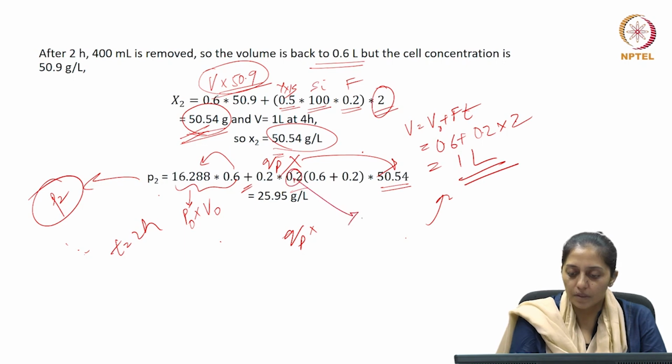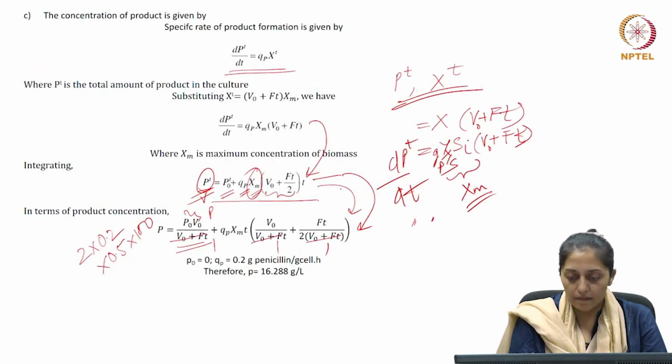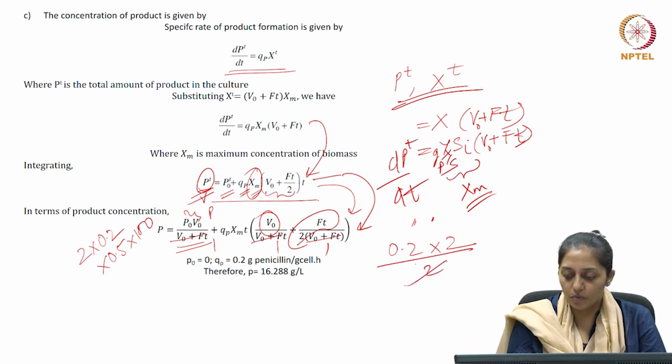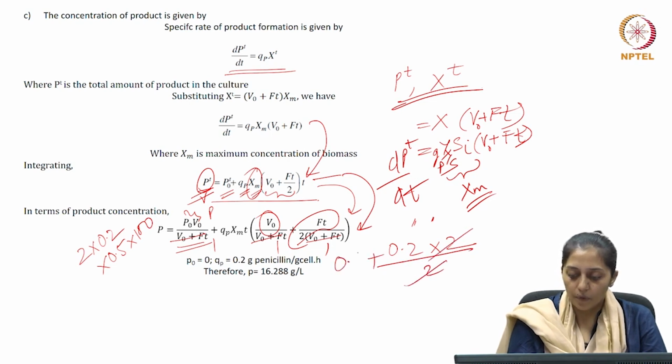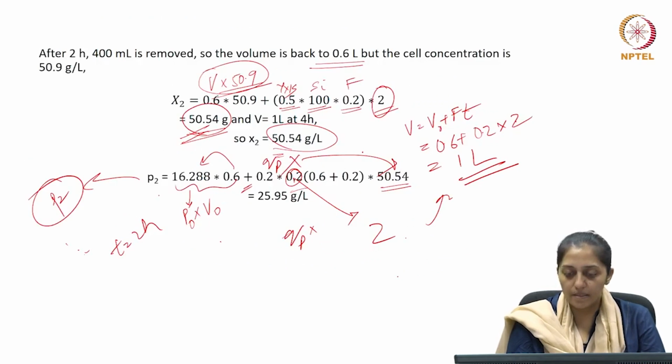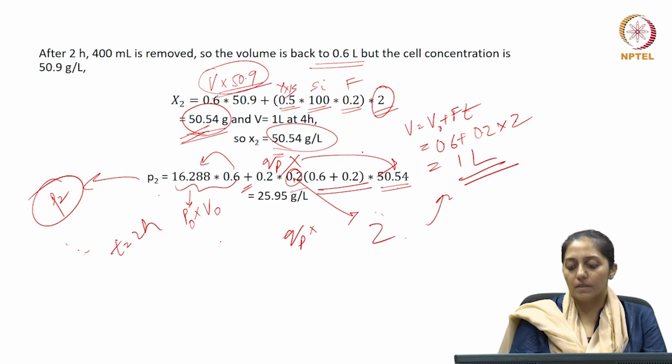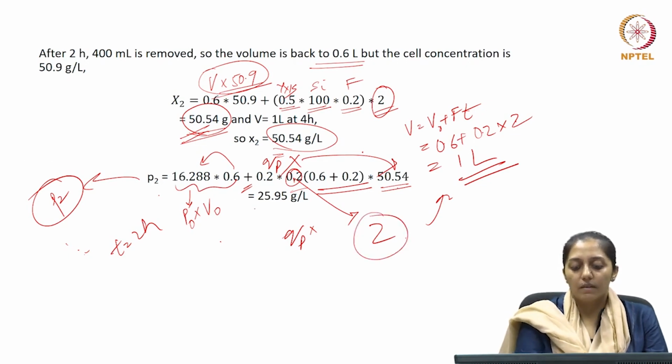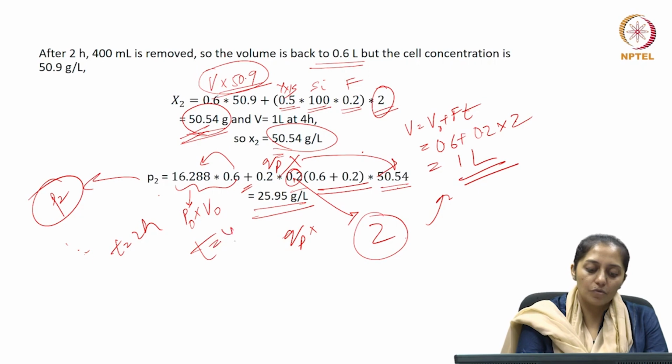So, this is a typo here, the time is 2 hours, and in the brackets we have V naught plus Ft by 2. So, F is 0.2, time is 2 hours, divided by 2. So, we have 0.6 plus 0.2 inside the brackets as shown here. This is your final biomass concentration, and this 0.2 is a typo, it is 2. So, this will give you 25.95 grams per liter as the product concentration at T equals 4 hours.